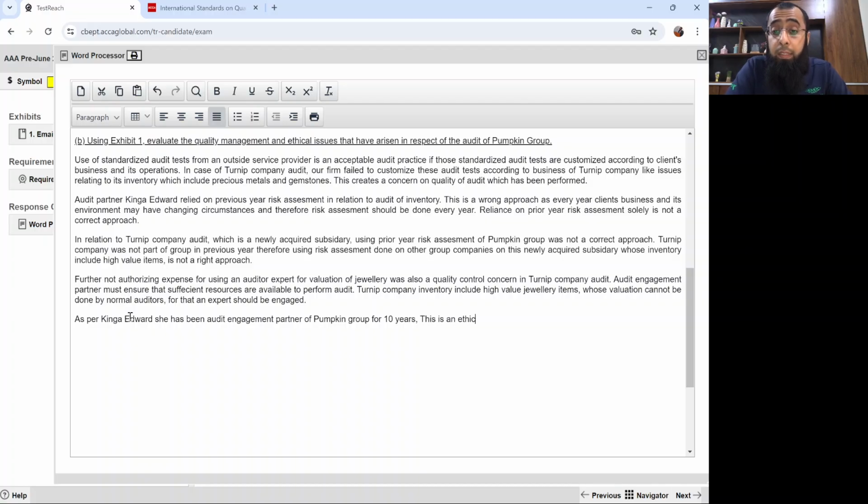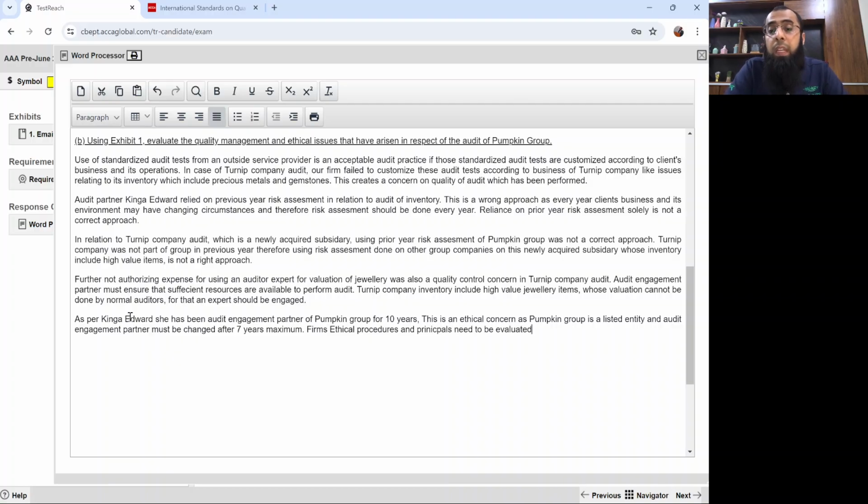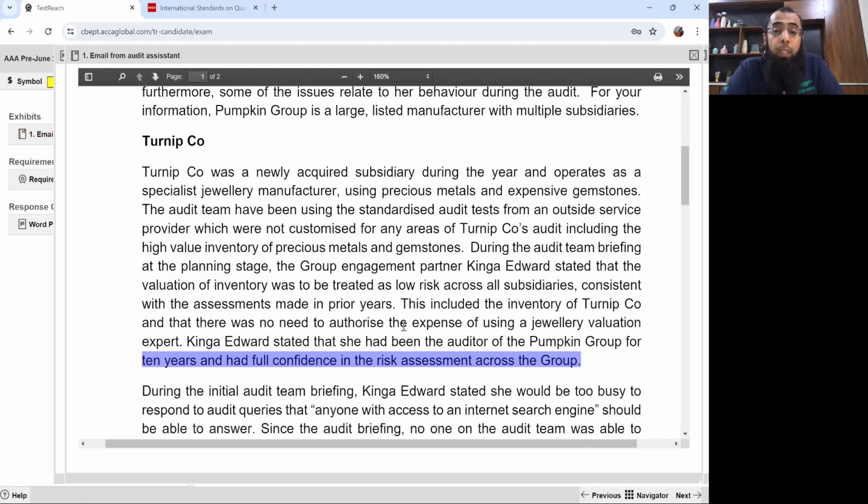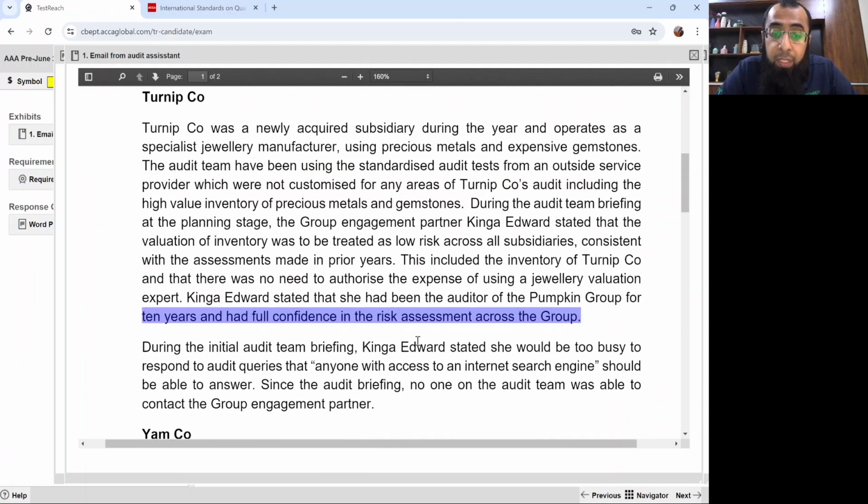This is an ethical concern as Pumpkin Group is a listed entity and audit engagement partner must be changed after 7 years maximum. Firm's ethical principles and procedures need to be evaluated. Like, what are the firm's ethical principles and procedures doing when the same person is doing the audit for more than 7 years? Okay, like it's not a proud feeling that I've been doing audit for 10 years.